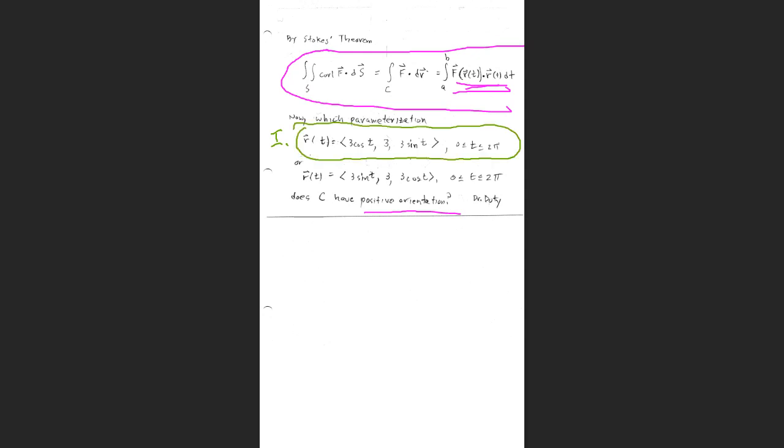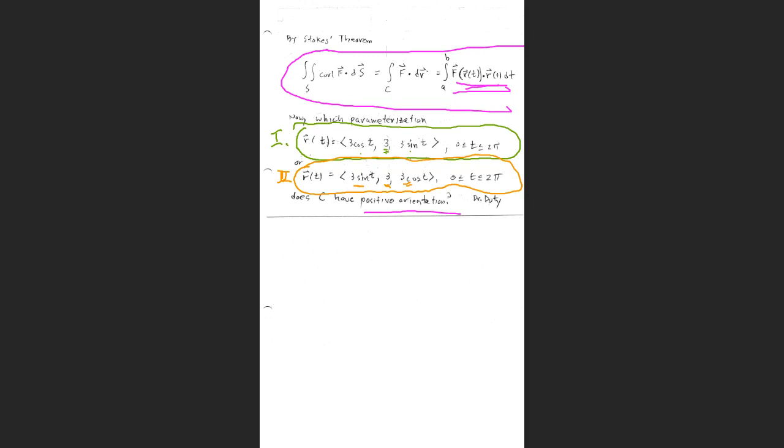Now, y is equal to 3, but to get the rotation in terms of the xz plane, x could be 3 cosine of t, and z could be 3 sine of t. A second choice would be to let y equal 3, x is 3 sine of t, and z is 3 cosine of t.